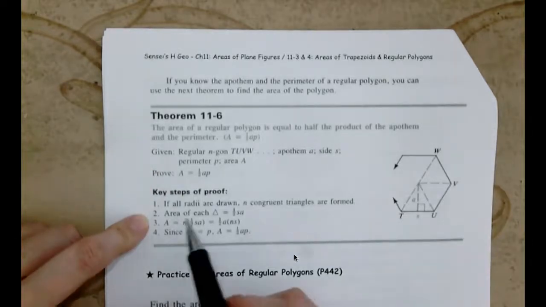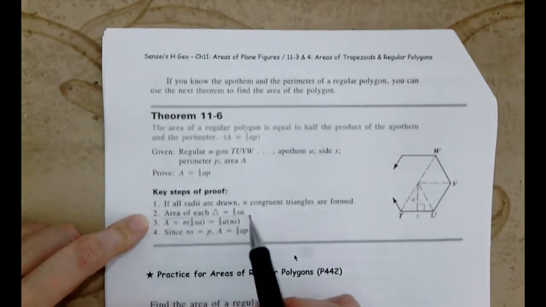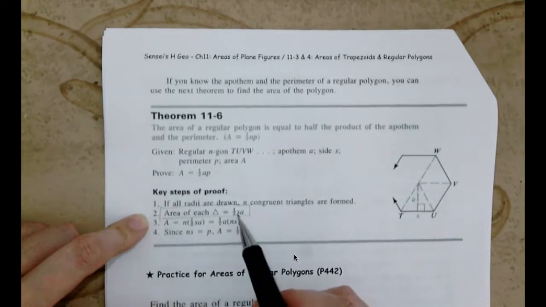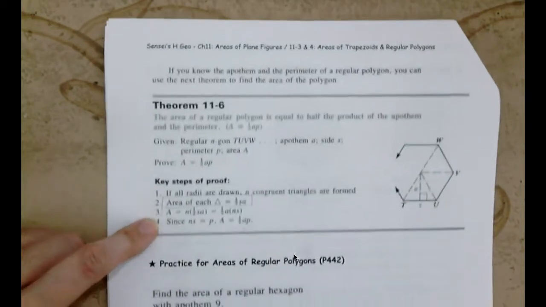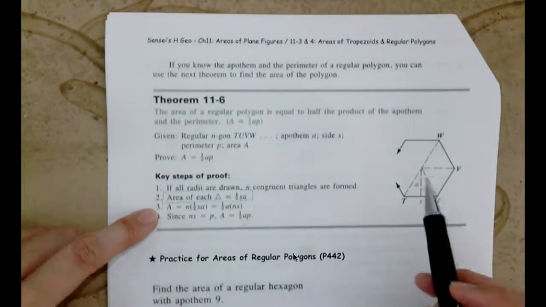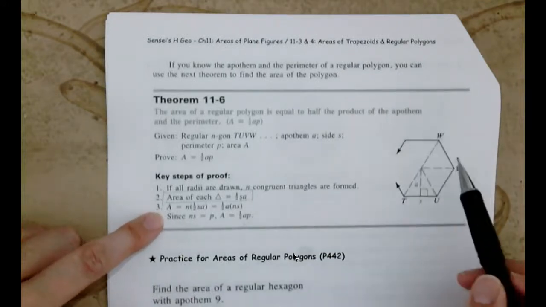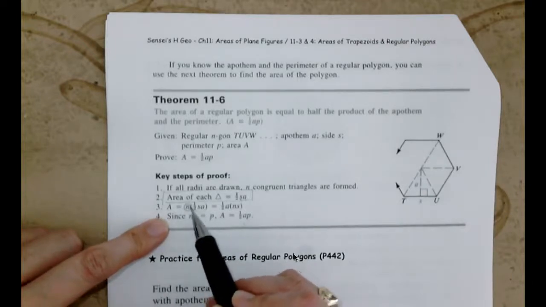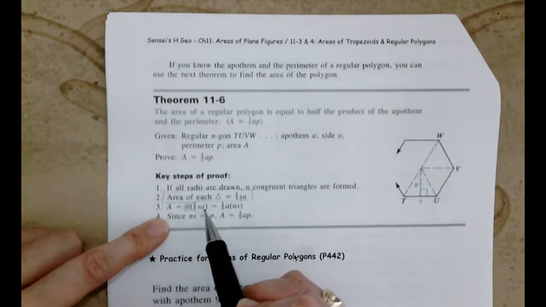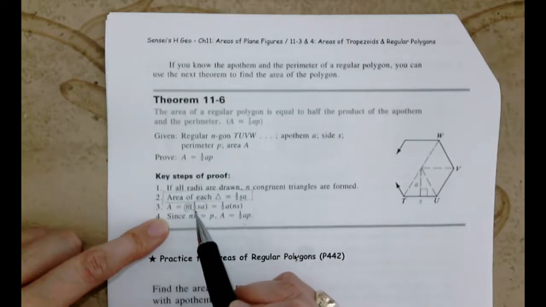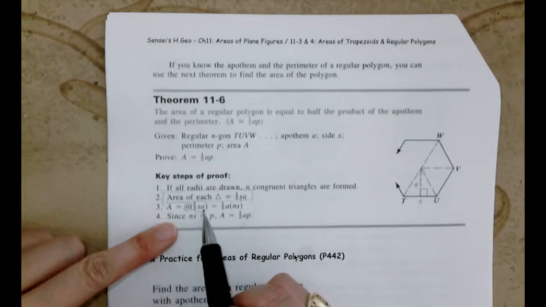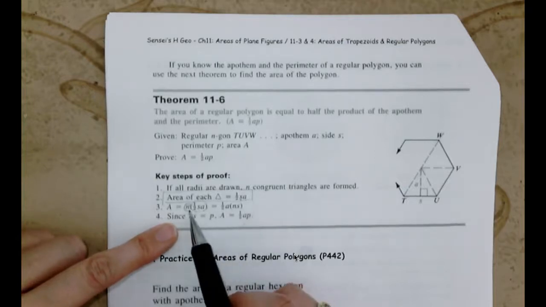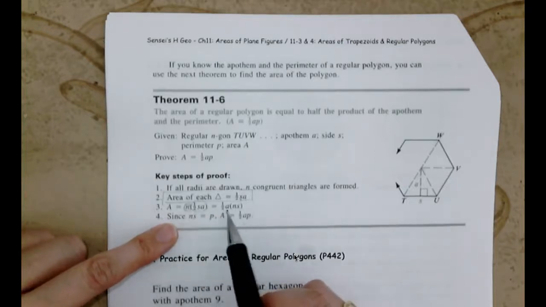Okay, so this is what it is. The area of each triangle is 1/2 of the side times the apothem. The area of the polygon is how many sides you have times the area of each triangle, right? N times 1/2 of the length of the side times the apothem. So far so good. When you're multiplying, you can change the order and it's still the same thing.